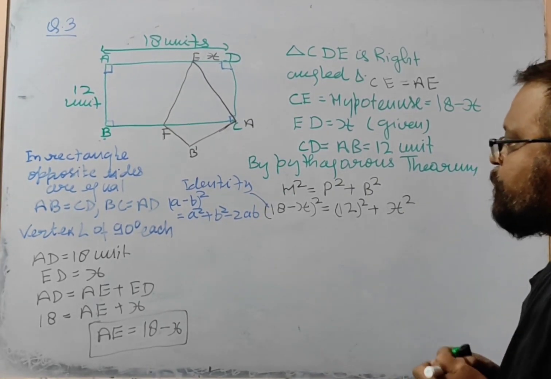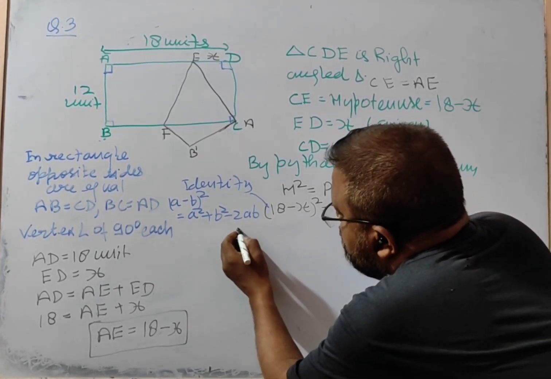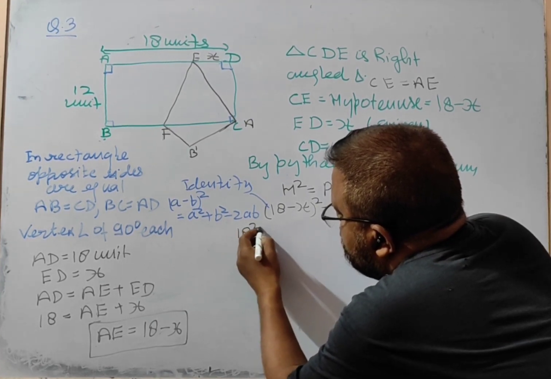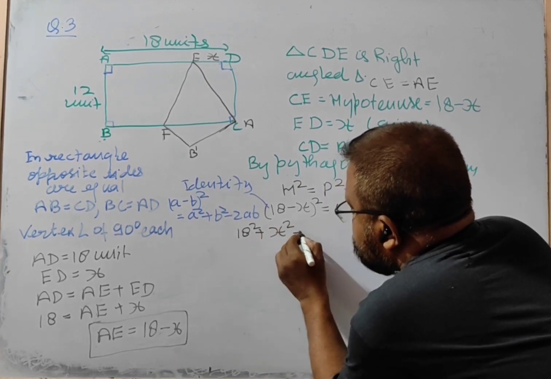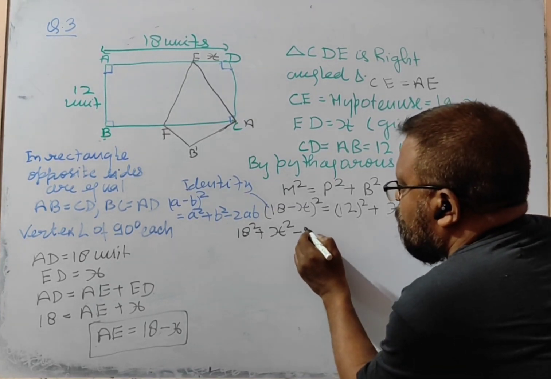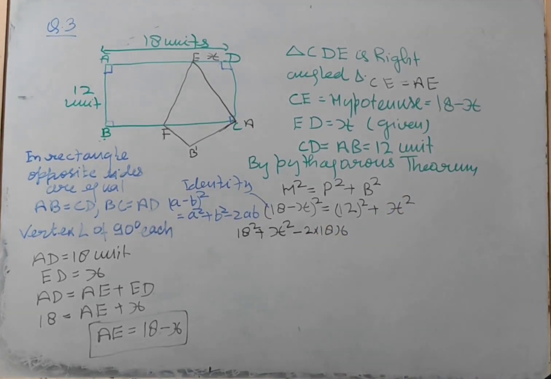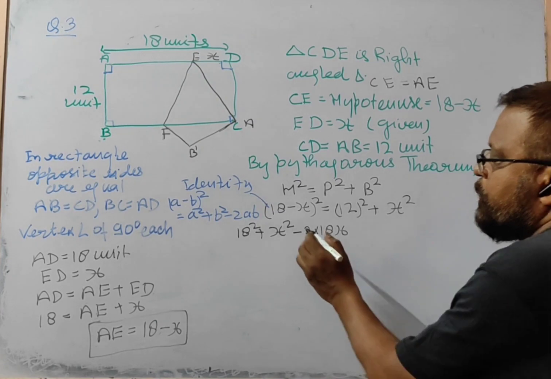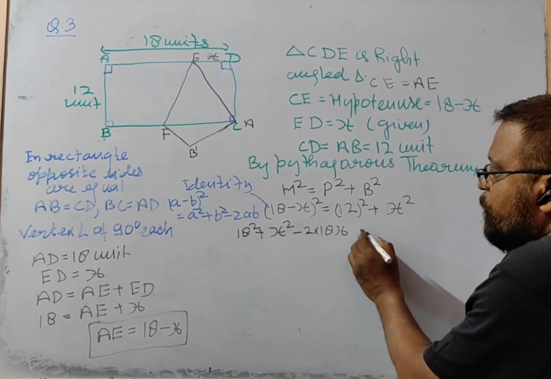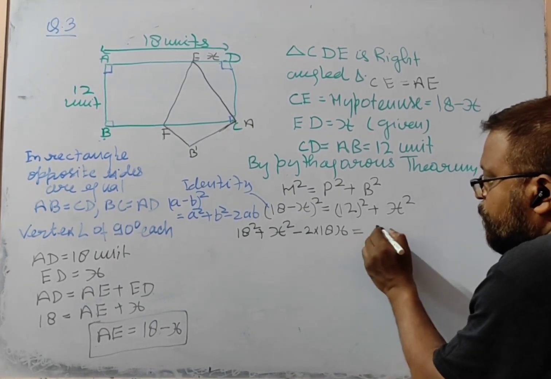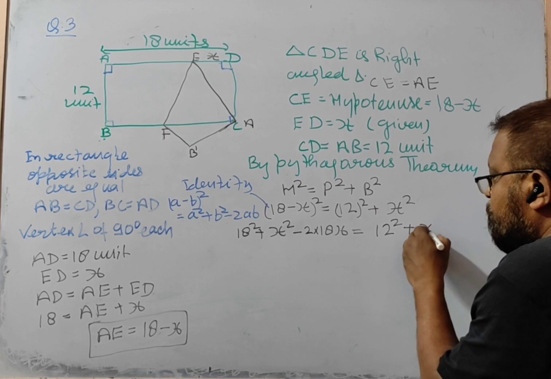So when I use this property here, it becomes 18 square plus x square minus 2 into 18x, is equal to 12 square plus x square, right?